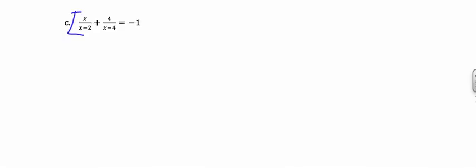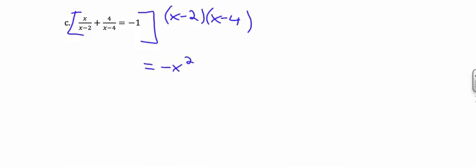Okay. I'm really hoping you did that. I'm going to multiply everything by x minus 2 times x minus 4 because that's my least common multiple. Okay, when I multiply it by the negative 1, I am going to have to multiply all of that out. So when I multiply all of that out, I would get x squared, so now negative x squared.